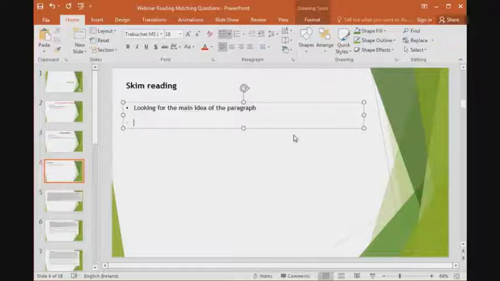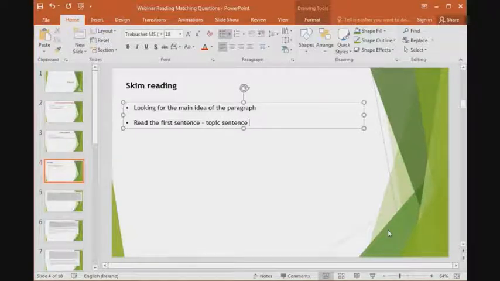But if you read the first sentence of a paragraph, what type of sentence is that? Okay, so reading the first sentence is usually the topic sentence.